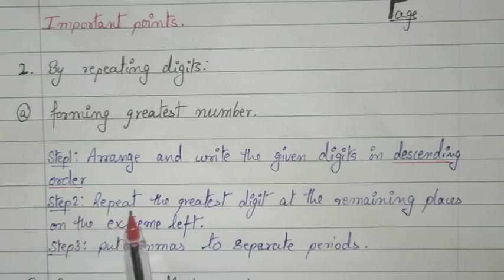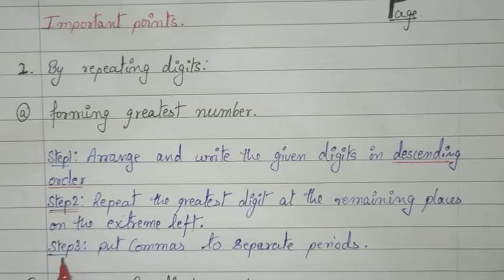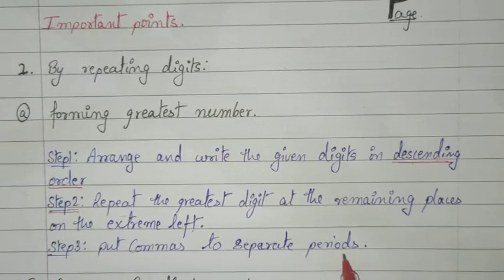Step 2 is repeat the greatest digit at the remaining places on the extreme left. In the example, we will see what step 2 is saying. Now step 3 is the same: put commas to separate periods. There are 2 periods or 3 periods according to the number of digits.